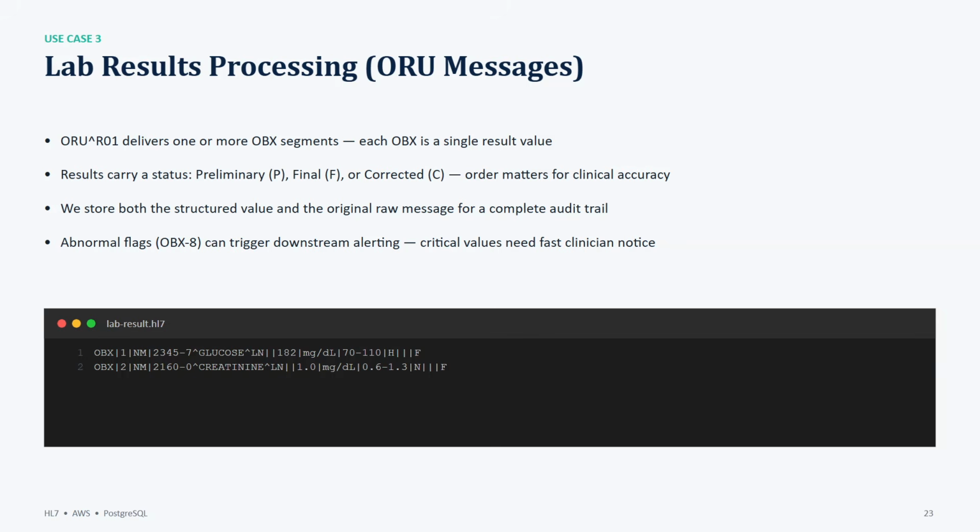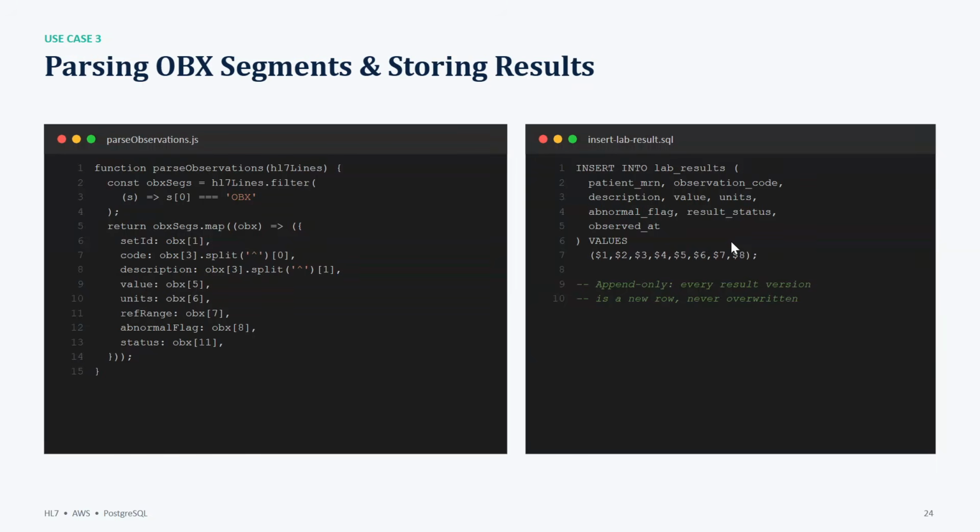We also always keep the raw message alongside the structured value, because in healthcare, being able to prove exactly what was received is just as important as the data itself. So notice this table is append only. Unlike patients or appointments, we don't upsert lab results. If a result gets corrected, that's a new row with status C, not an overwrite of the original.